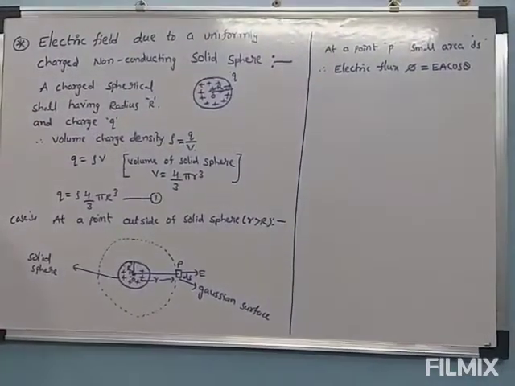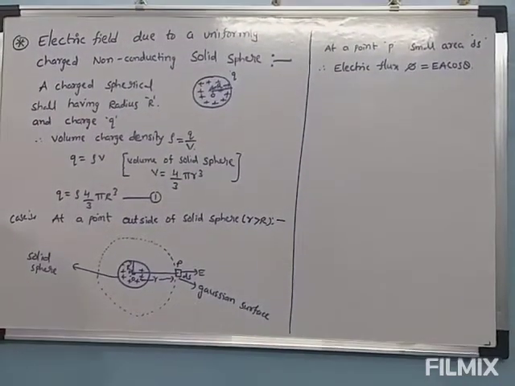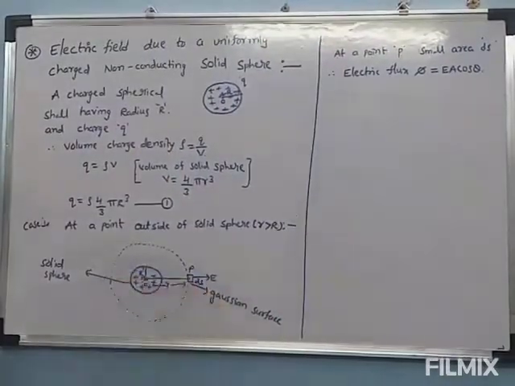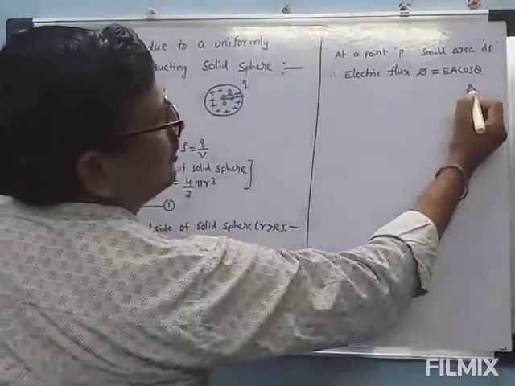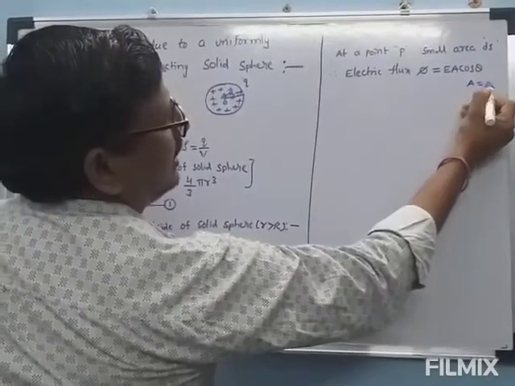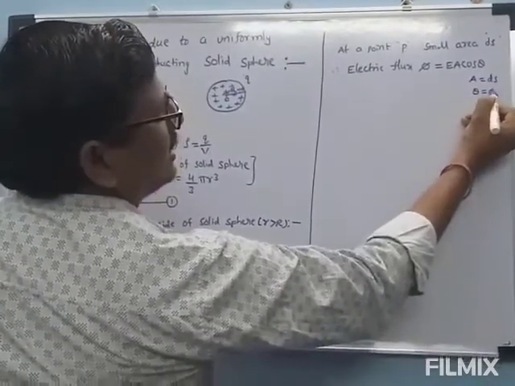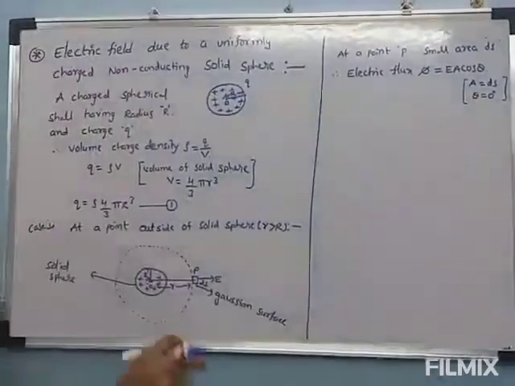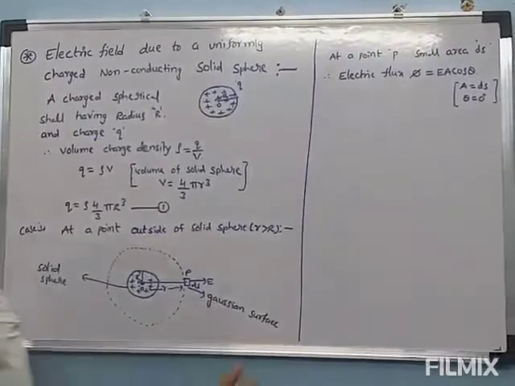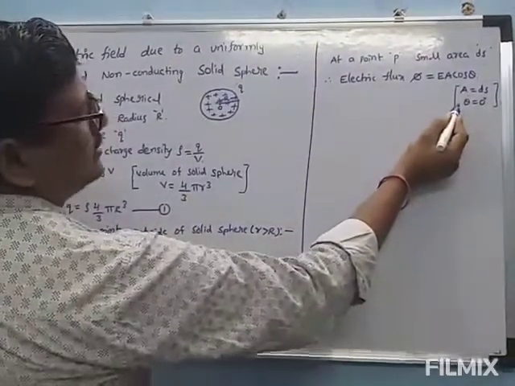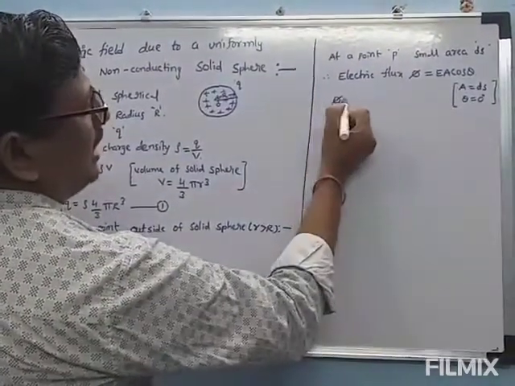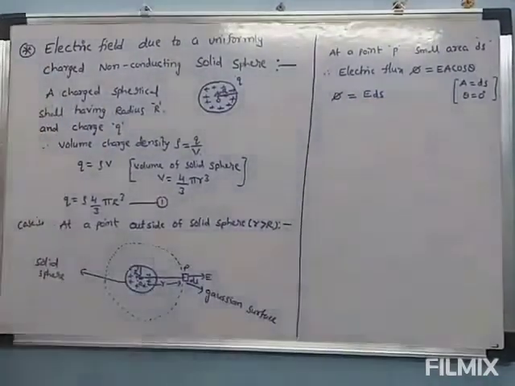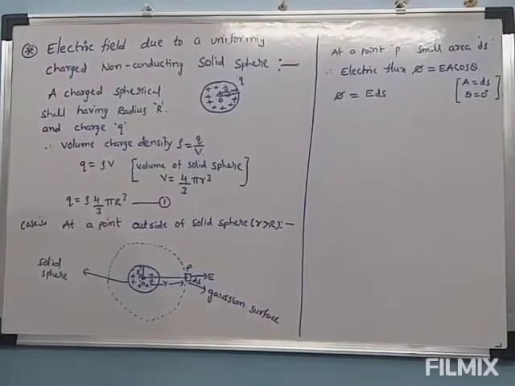Here A is the area, which is ds, and both have the same direction, so the angle theta is equal to 0 degrees. The electric field and the area are acting in the same direction. Then we can substitute: electric flux is equal to E ds cos 0, and cos 0 is equal to 1.